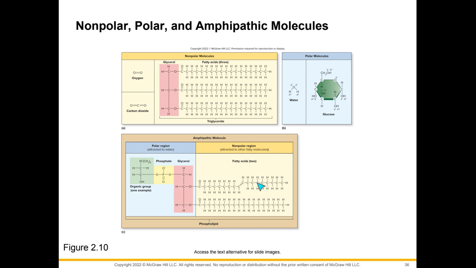Now, also structurally, the double bond changes the structure from a single carbon bond, right? So in other words, this is considered a linear hydrocarbon, whereas this has a little kink to it, right? There's an angle.